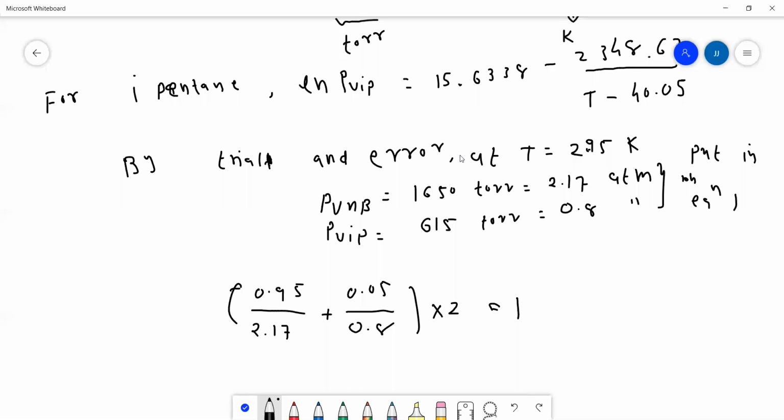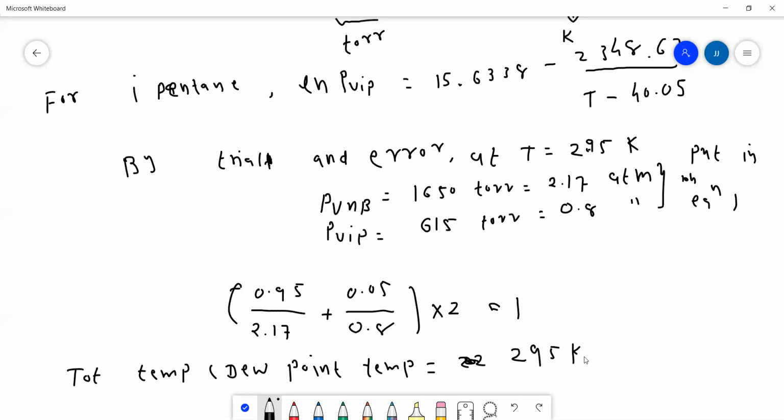That means the dew point temperature is 295 Kelvin. So the top temperature, which is nothing but the dew point temperature, is equal to 295 Kelvin, which is equal to 22 degree centigrade.